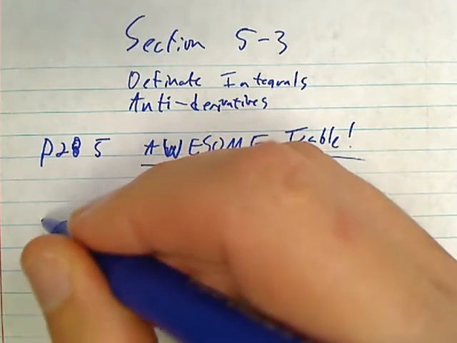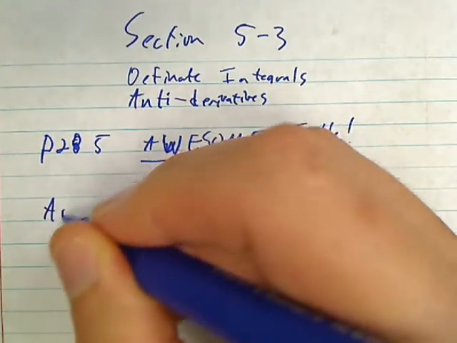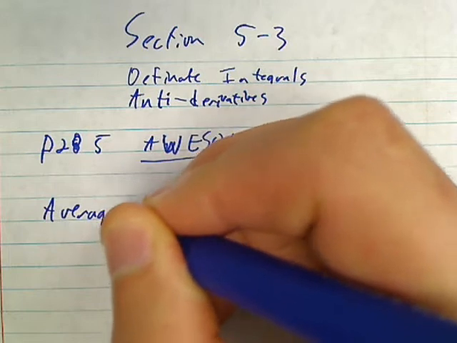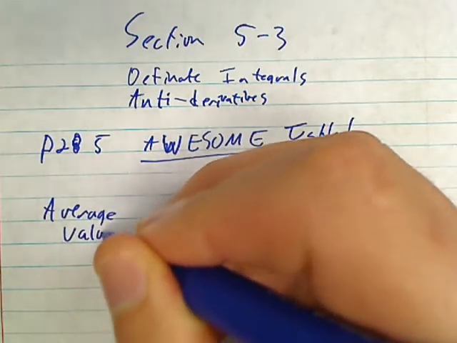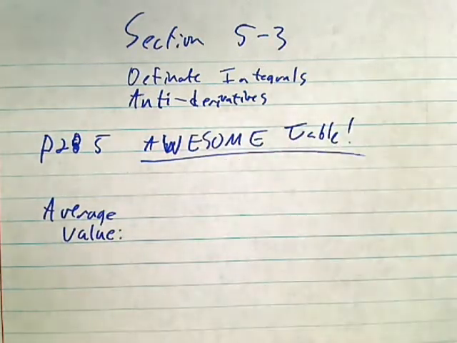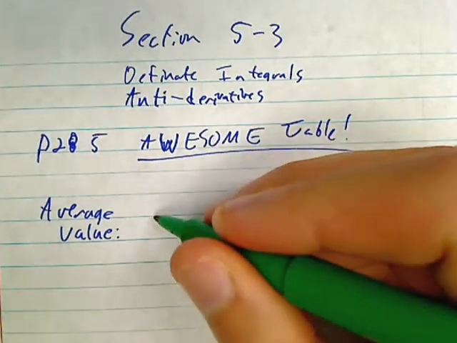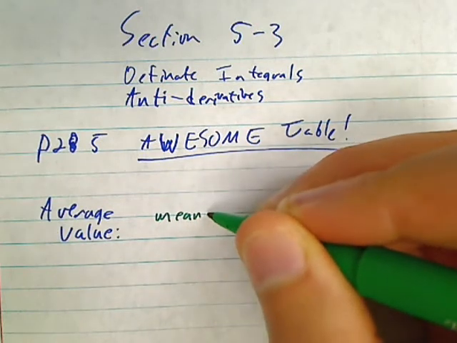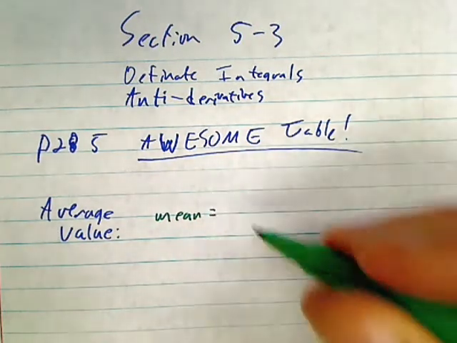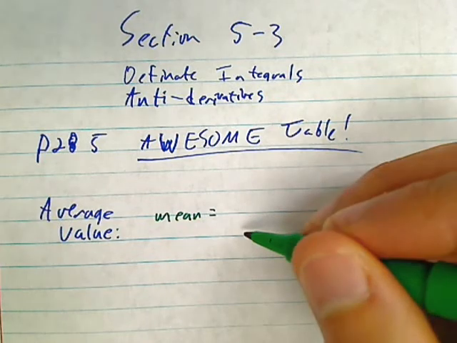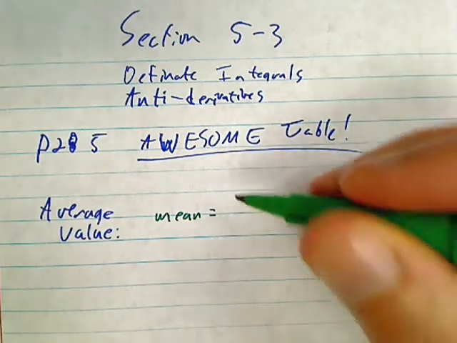Okay, one thing I want to note here, average value. If we have an average value, well, that's kind of like the mean, and you've been doing that for years. Well, what is the mean? The mean is you add everything up, and you divide it by the number of things that you added.